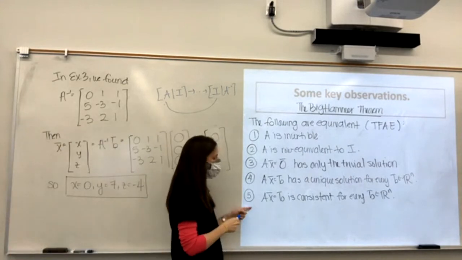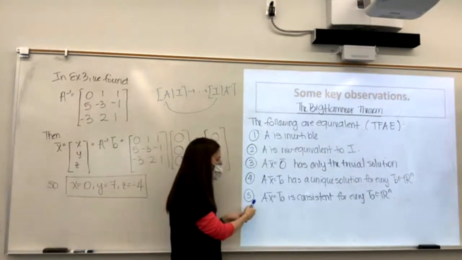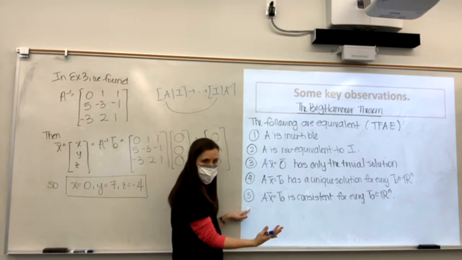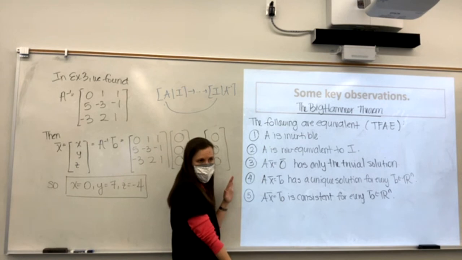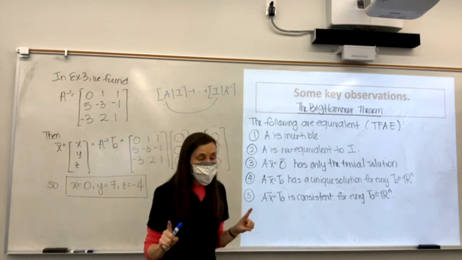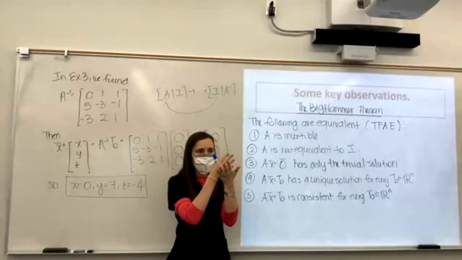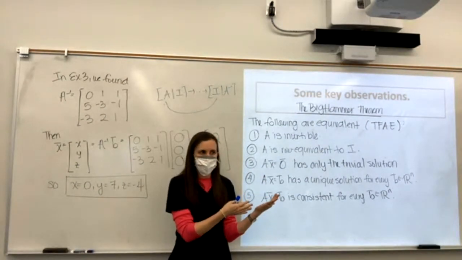Now, this is the most important theorem in the entire course. And we're going to add on to this theorem as we go through the course. So by the end, we'll have something like 20 statements on this list. And on every single exam, I'm going to ask you, state X number of things that are equivalent to A being invertible.